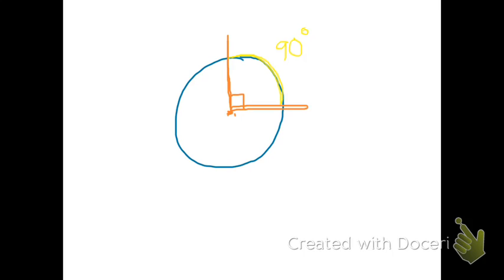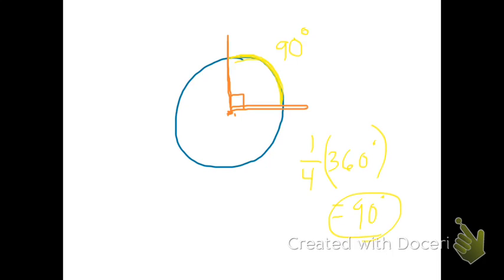And it makes a lot of sense because if you look at the yellow part of the circle, that's about 1/4 of the entire circle. And how many degrees is an entire circle? Well, 360. And what's 1/4 of 360? 90 degrees.